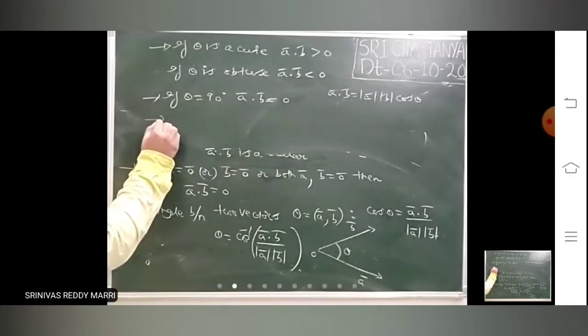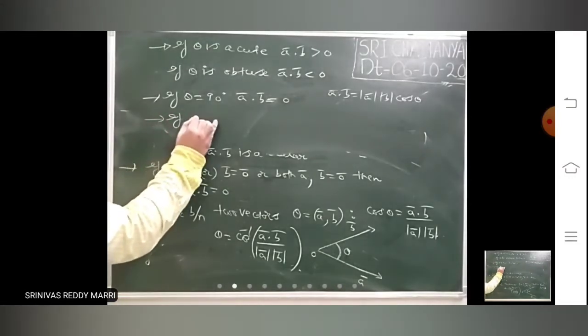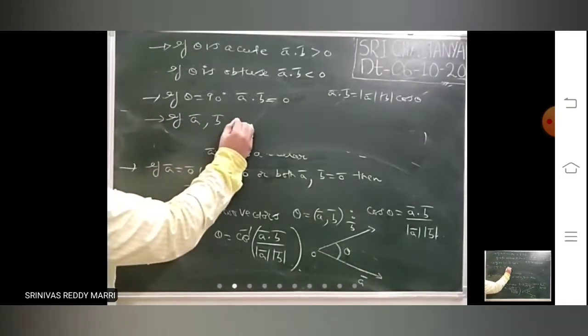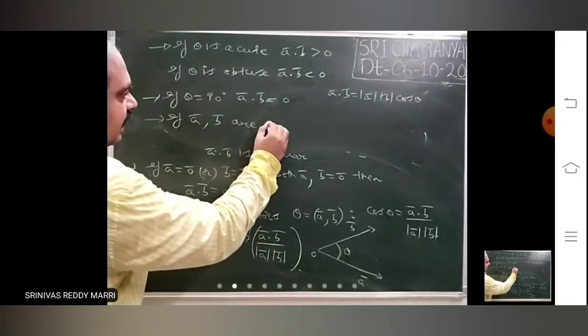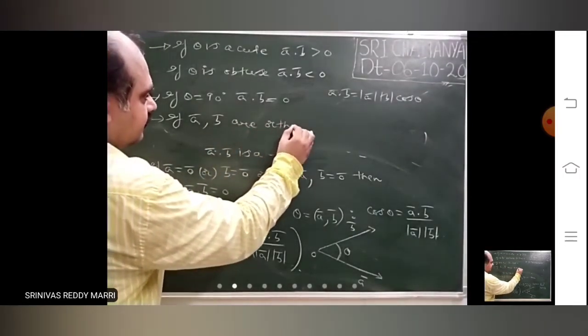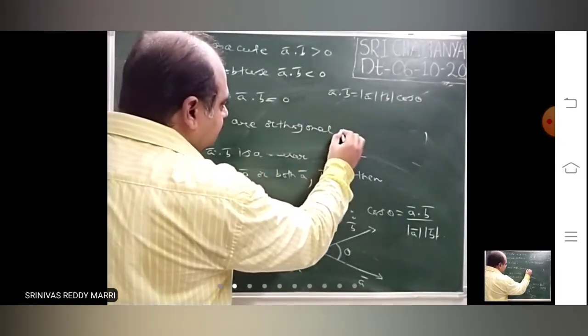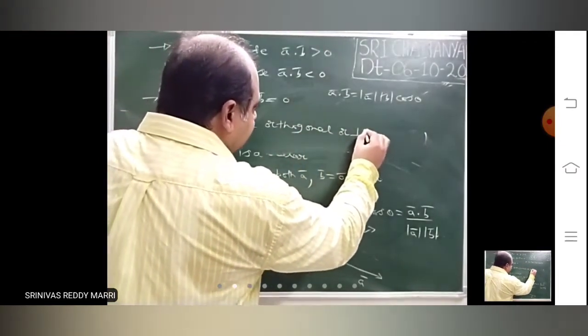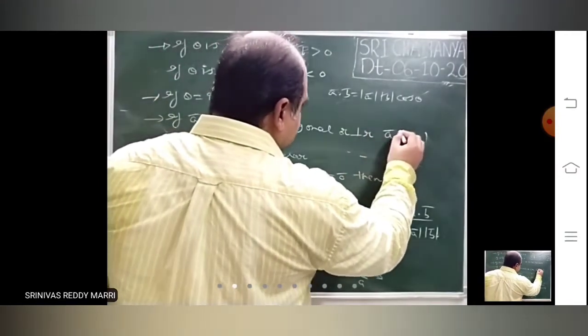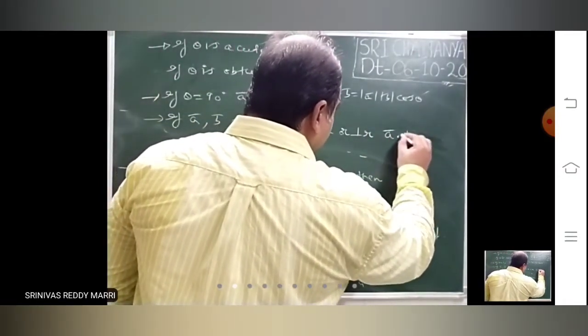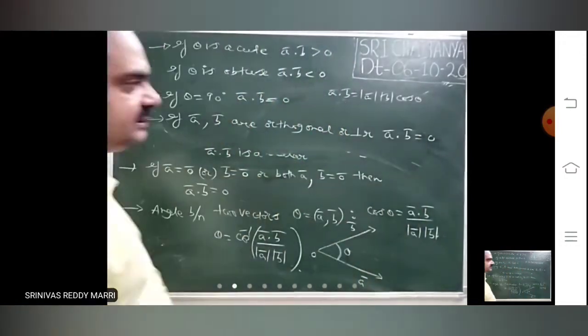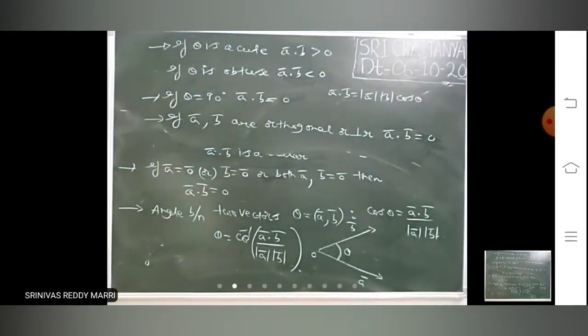That means if A bar and B bar are orthogonal or perpendicular, A bar dot B bar equals 0.